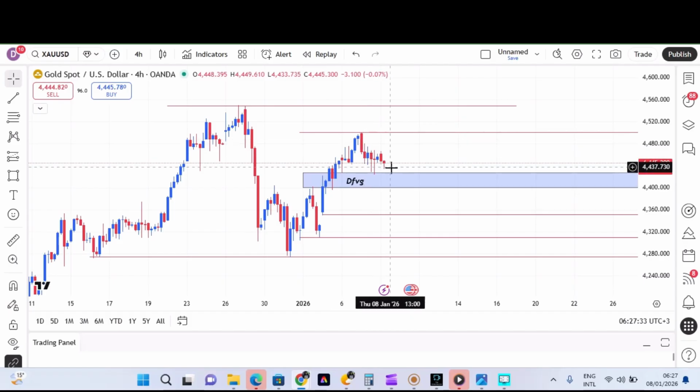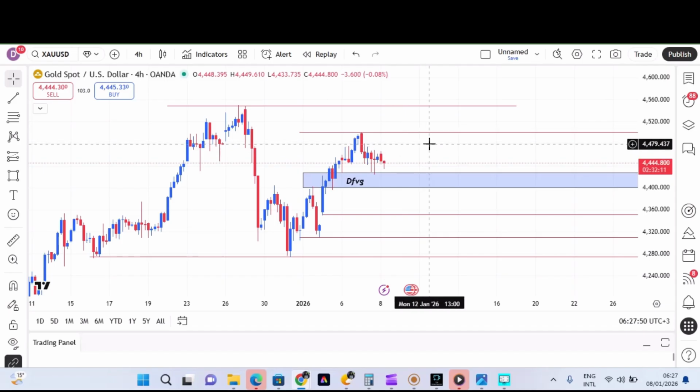Now, I think you can see, okay, gold is respecting this fair value gap. We have 1, 2, 3, 4, 5, 6, 7 rejections on the 4-hour. This is a very serious indicator. But there's what we call induced liquidity.